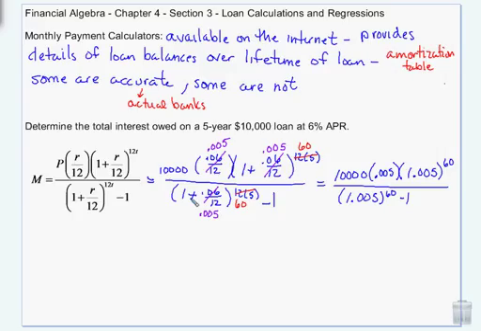When I raise 1.005 to the 60th, I get 1.348850153.